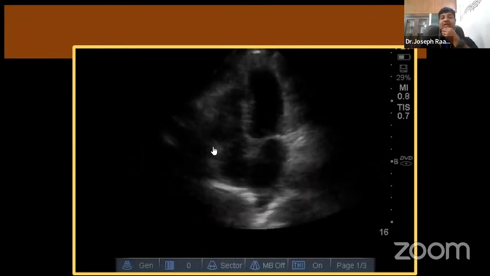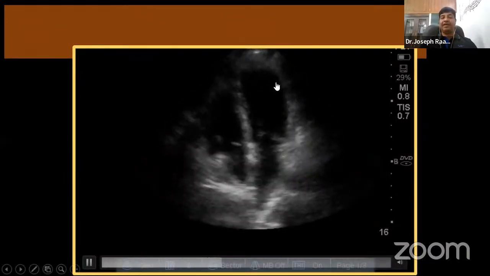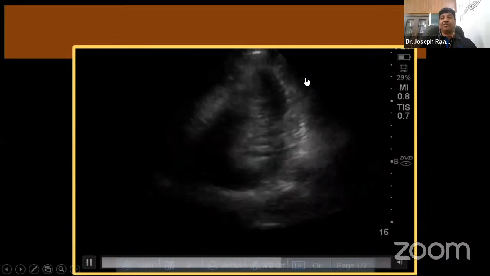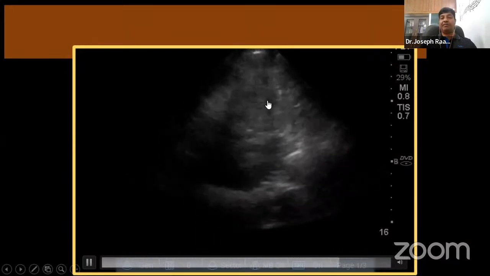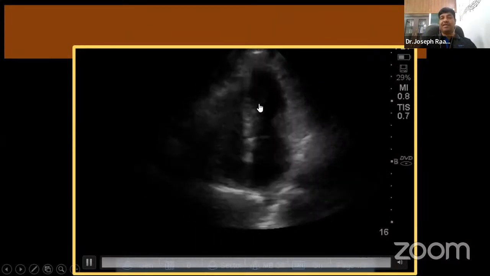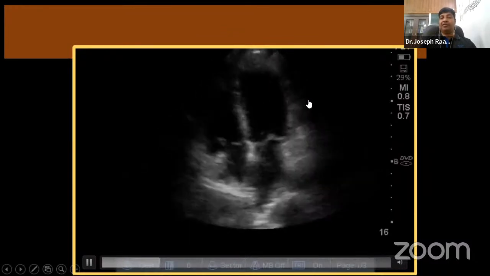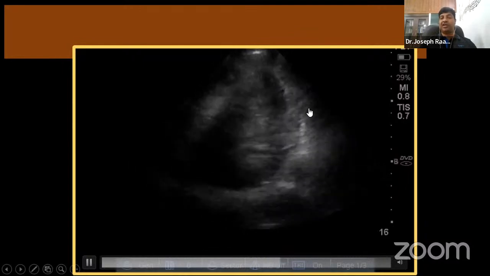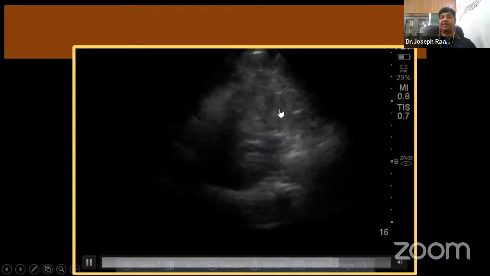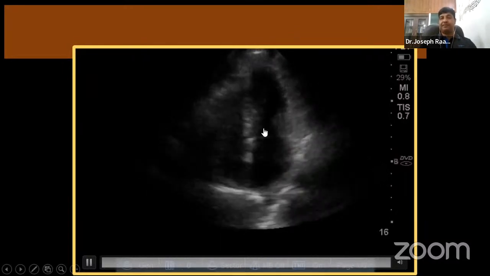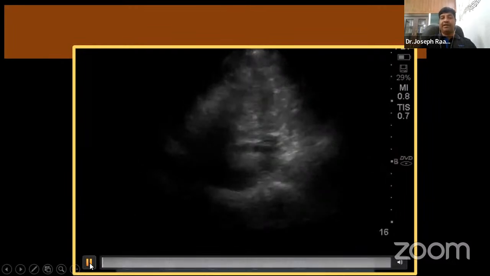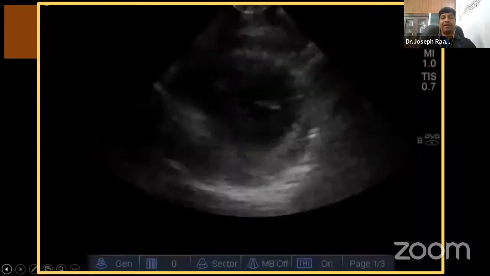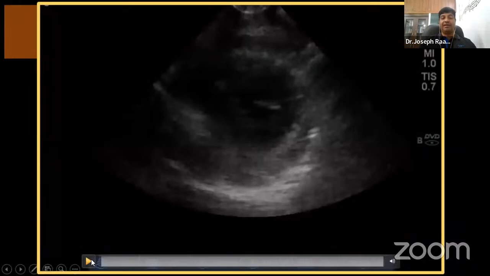No. So I told you that to assess the systolic function, you need to look at how the chamber size is changing. The same concept, use it here. We know the chamber size does not change much between systolic and diastolic. That means your left ventricle is empty. And if you see the previous one, your papillary muscles are getting approximated.